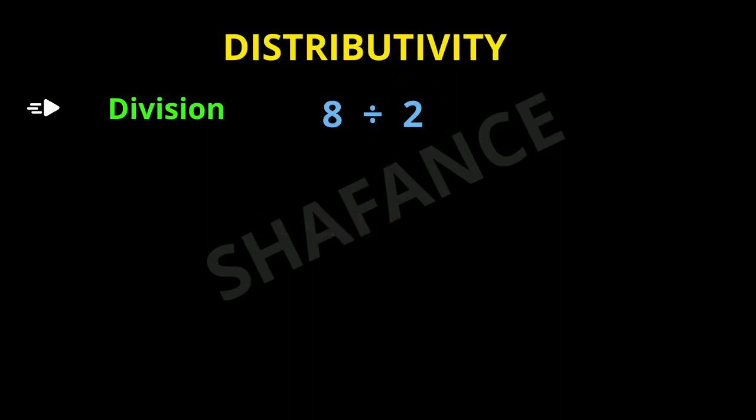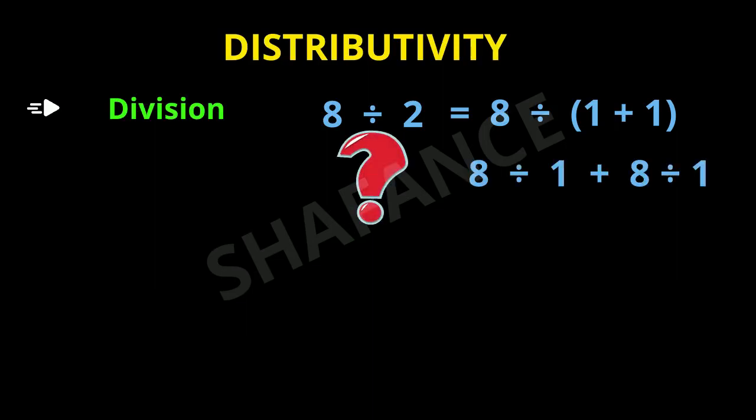We can write 8 divided by 2 as 8 divided by, inside the bracket, 1 plus 1. So will the distributive property apply, or will this be equal to 8 divided by 1 plus 8 divided by 1? So can we write 8 divided by 2 equals 8 divided by 1 plus 8 divided by 1?